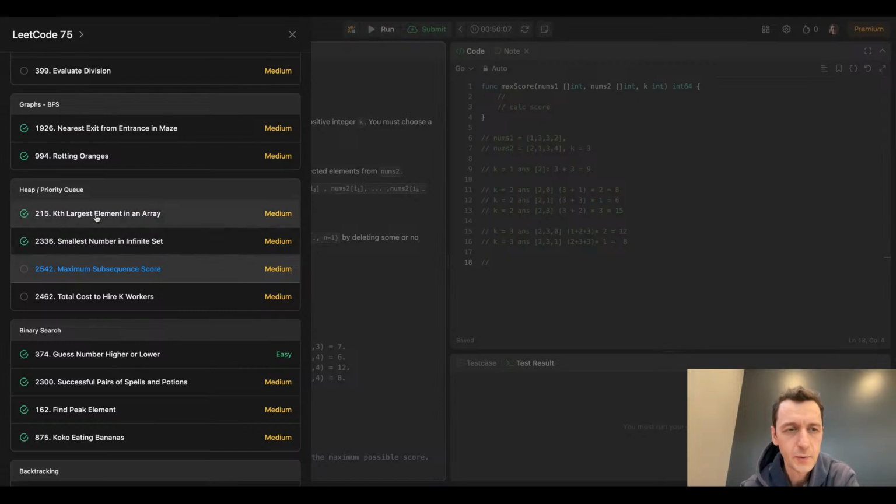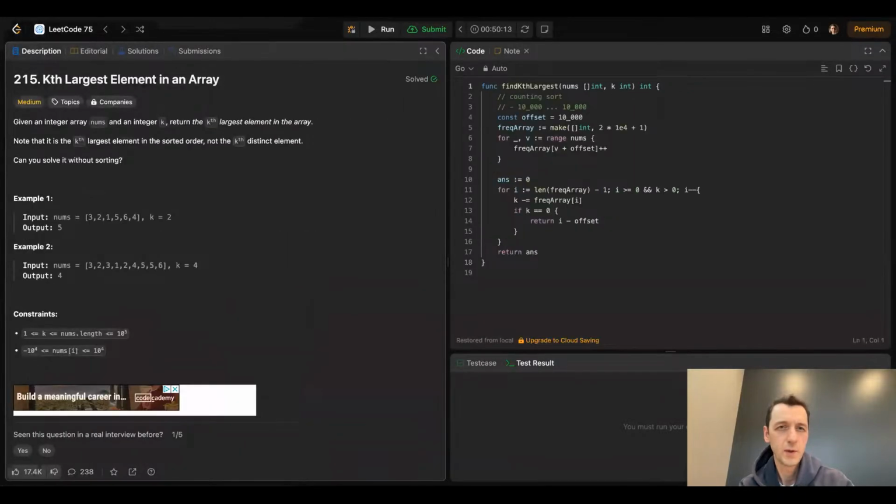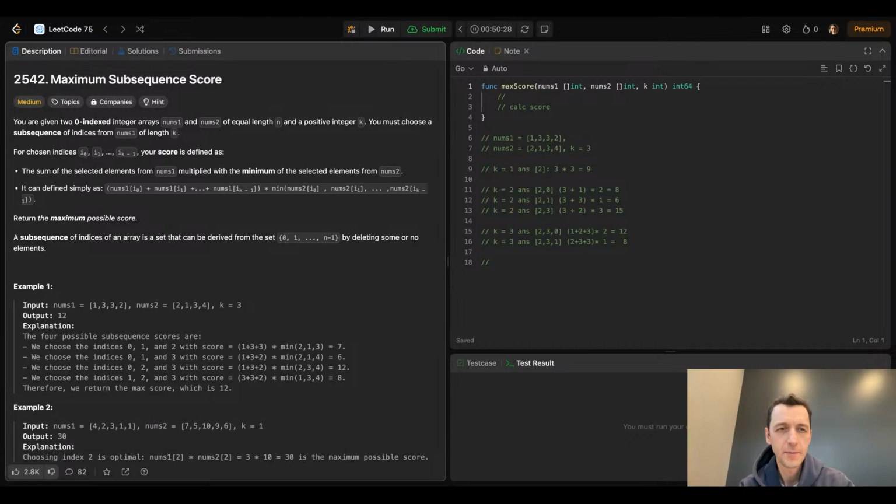Oh yeah, actually that's what I meant, kth largest. We did that using counting sort.